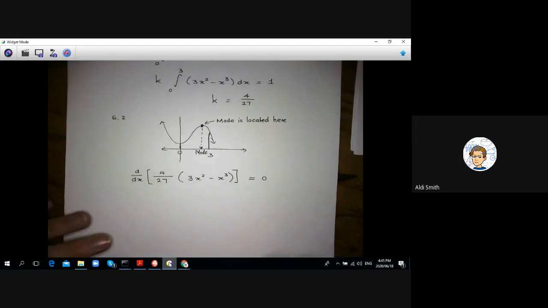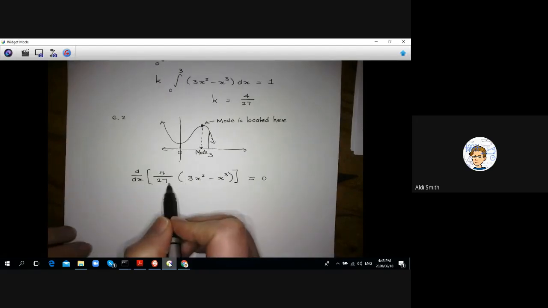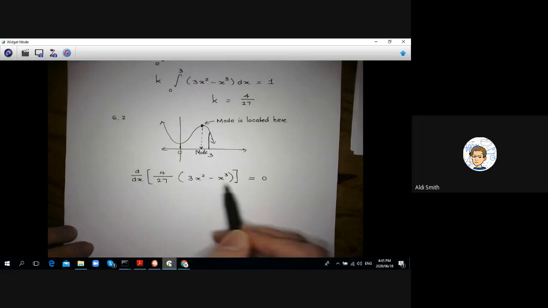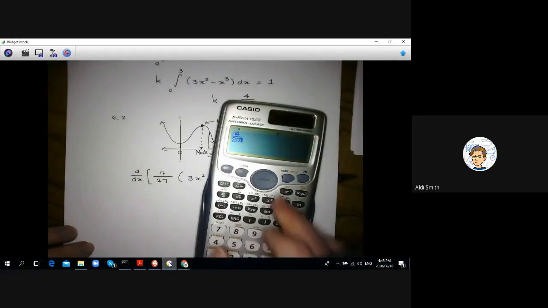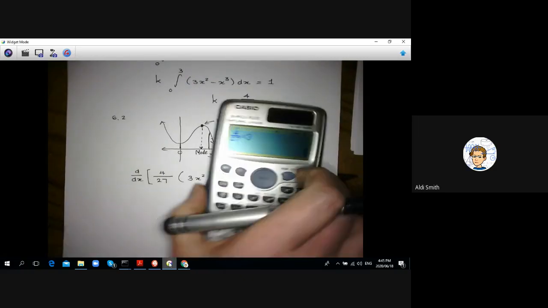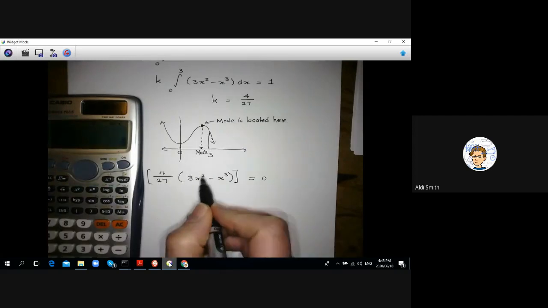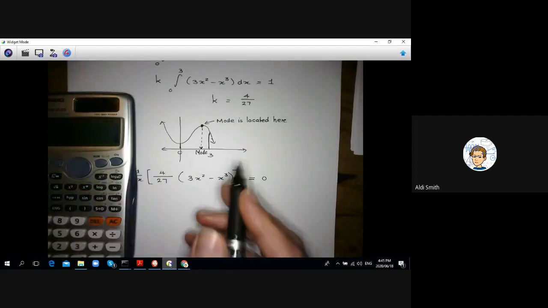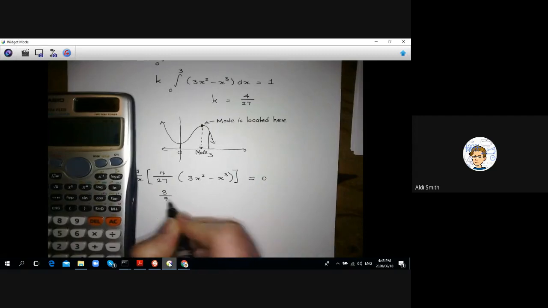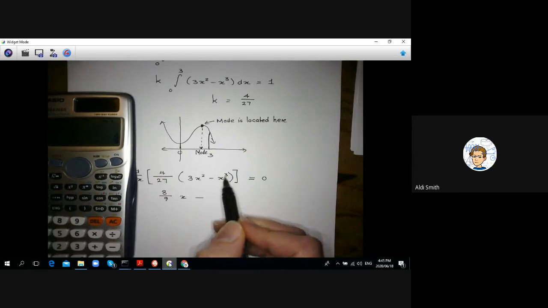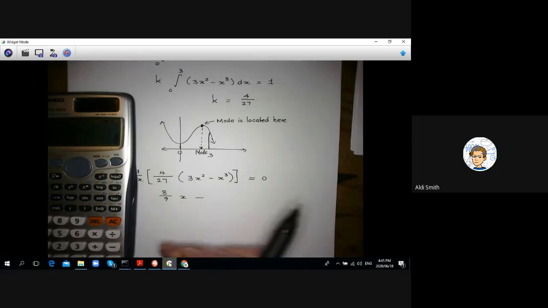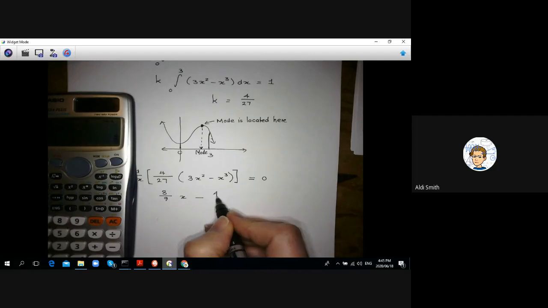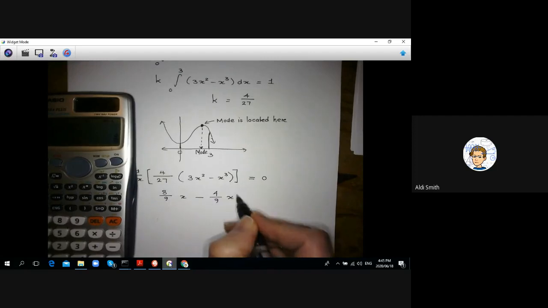So the derivative of that, if you think about it, we can probably distribute that 4 over 27 just to make it slightly easier. So 4 over 27 times 3 gives me 4 over 9. So I'm going to have 4 over 9 x squared, which means if I multiply the 2 by the 4 over 9, it's going to be 8 over 9 x, minus 3 times 4 over 27, which is again going to be 4 over 9, and then that's going to be x squared, and this is going to be equal to 0.